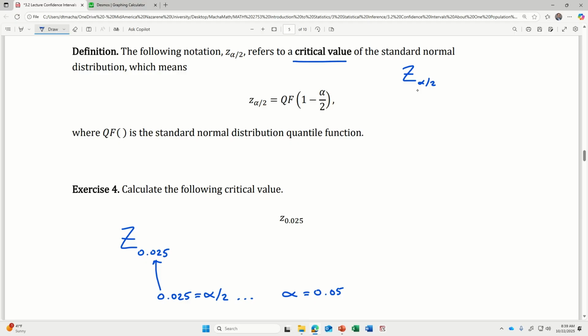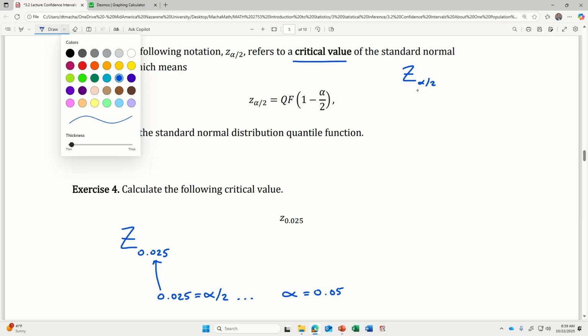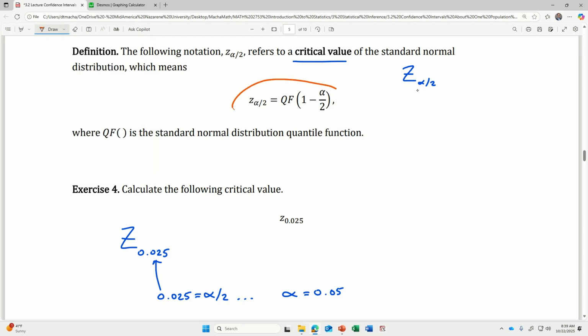That might come in handy later. But I don't really need that to do the problem here, because the problem just relies on this formula. I need to use the quantile function to look up what I get from 1 minus alpha over 2.